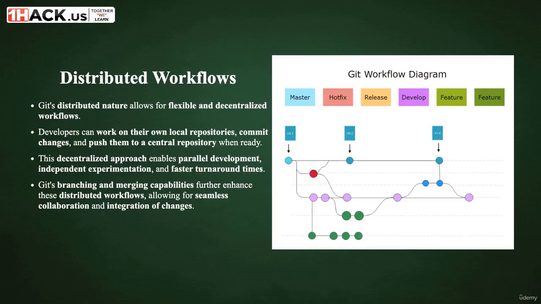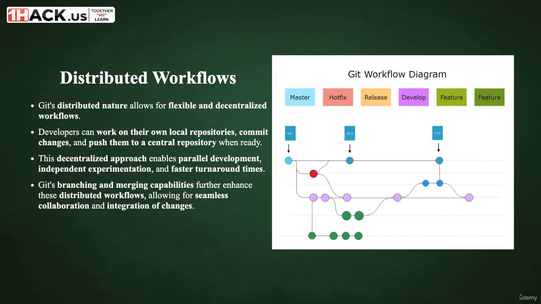One of the key advantages of using Git is its support for distributed workflows, which leverage the distributed nature of the version control system. In a distributed workflow, developers can work on their own local repositories, committing changes, and then pushing them to a central repository when they're ready.